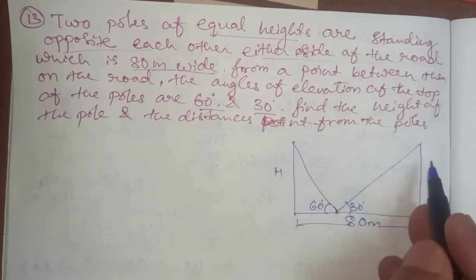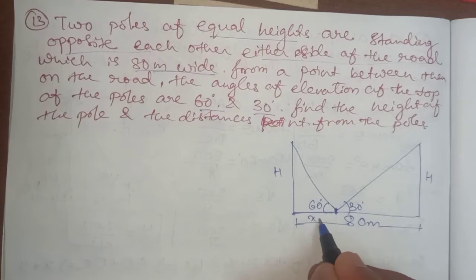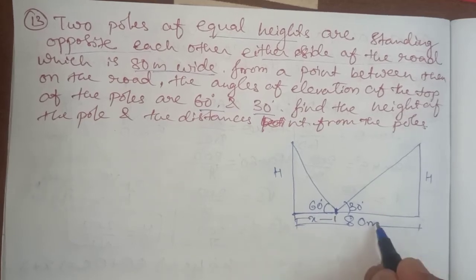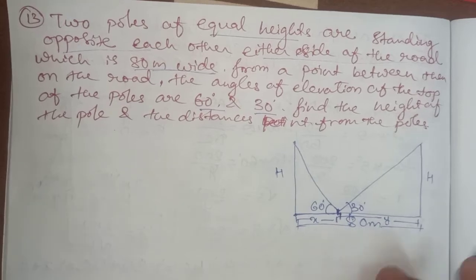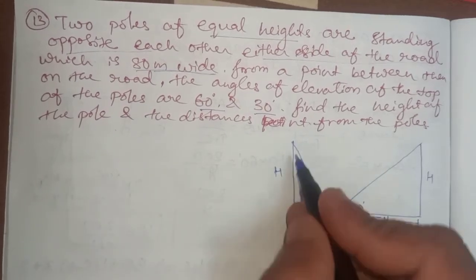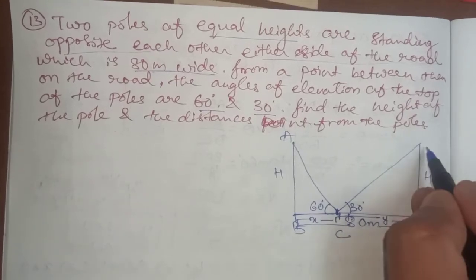We have to find out the height of the poles and the distance of the point from them. Suppose this is x and this is y. Total is 80. So we will name it A, B, C, D and E.